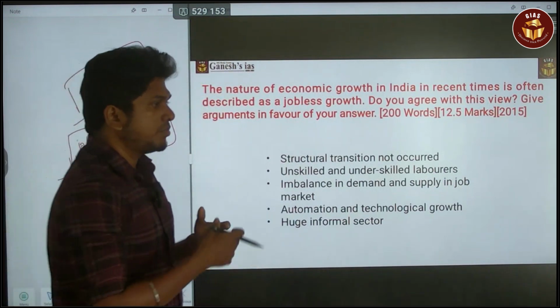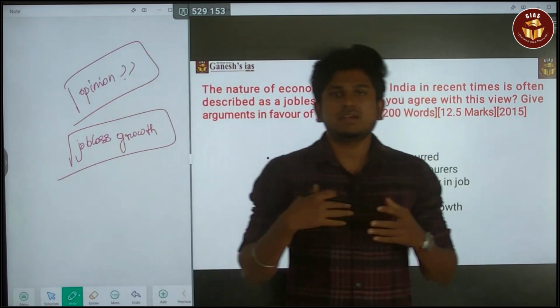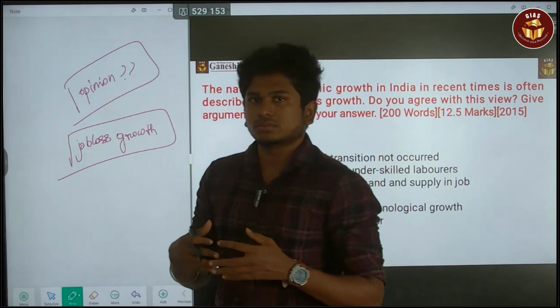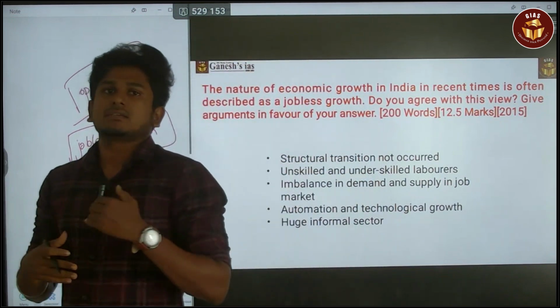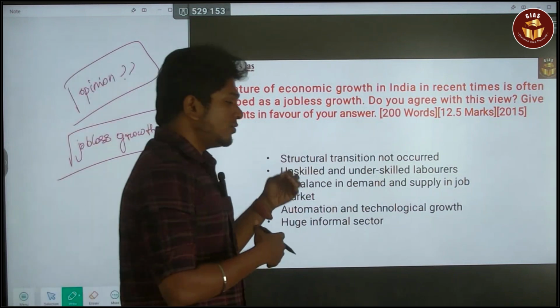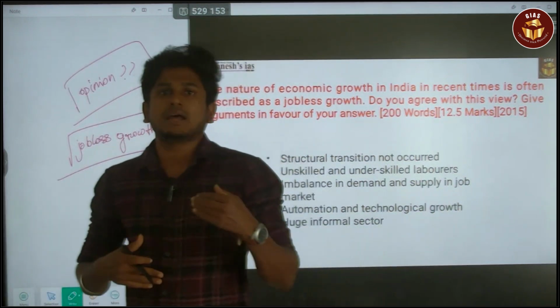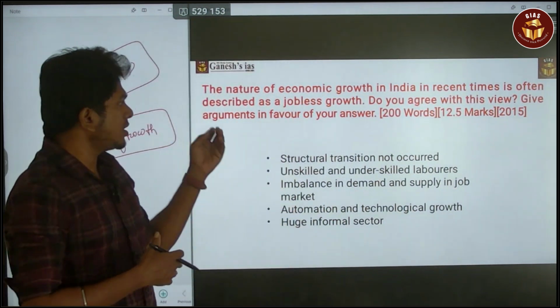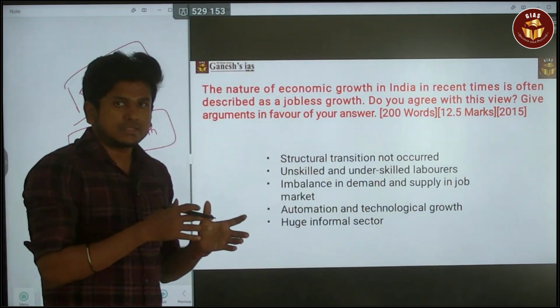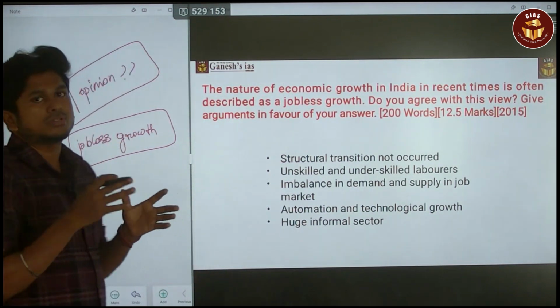That is also correct, but in reality India is in jobless growth. That is the thing you have to accept first. So in this question you have to say that you agree with this statement. The most probable answer is to agree, because that is the reality in India. India is facing huge jobless growth.